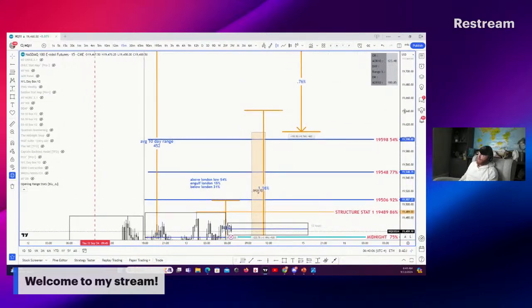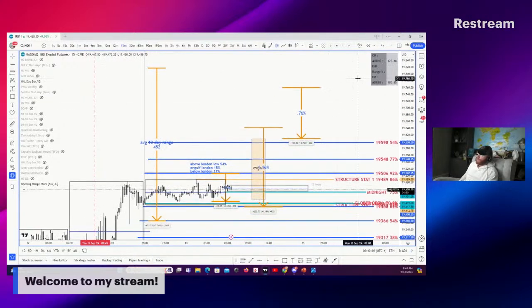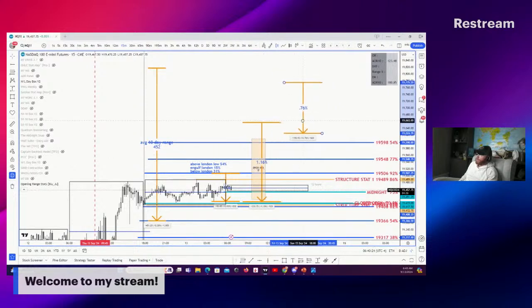And then the rest of the day, from a statistical standpoint, looks like this. But I'm just going to trade my mechanical systems because my mechanical systems are designed to capture this distribution right here and parts of this distribution right here. So it's a good day for me not to discretionary trade, but just to trade my mechanical systems.